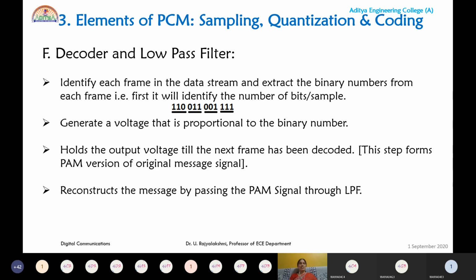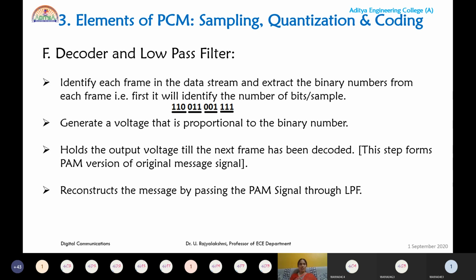So what is the first step here? This is a binary sequence. What is the binary sequence shown here? 110, 011, 001, 111. Now this sequence is divided into a certain number of frames. Here a frame is nothing but a sample.